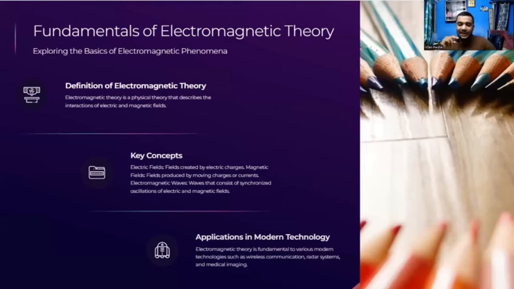Right? So what are the applications in modern technology? Electromagnetic theory is fundamental to various modern technologies such as wireless communication, radar systems, and medical imaging. If you ask me, the electromagnetic applications are diverse and we are yet to explore the biggest part of them, right? We can use them in communication, we can use them in radar systems.